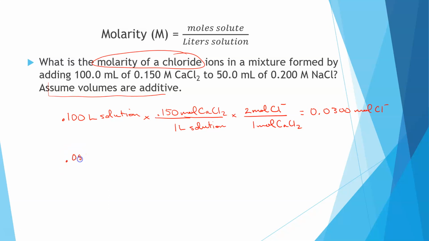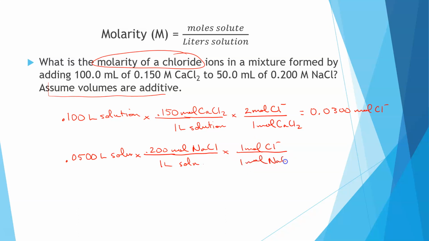So I have 0.050 liters of solution times 0.2 moles NaCl per 1 liter of solution, and then 1 mole of Cl minus per mole of NaCl. And that's going to equal 0.0100 moles of chloride.